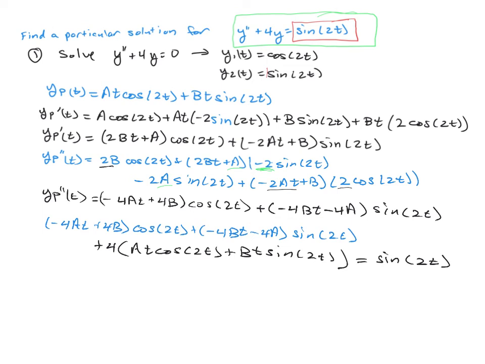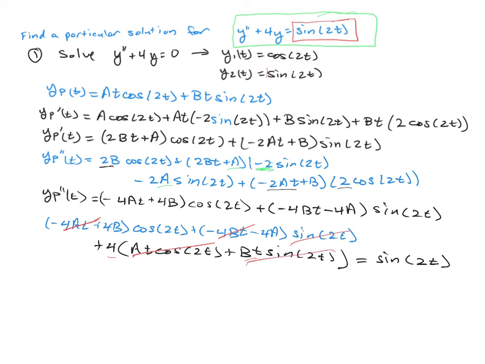Well, if you look very carefully, you'll notice that our negative 4at and our positive 4at in front of the cosine function are going to cancel out. And you'll also notice that the negative 4bt and the positive 4bt in front of the sine function will also cancel out.